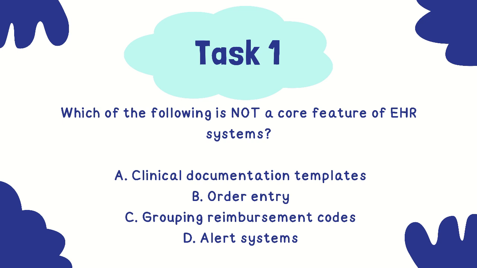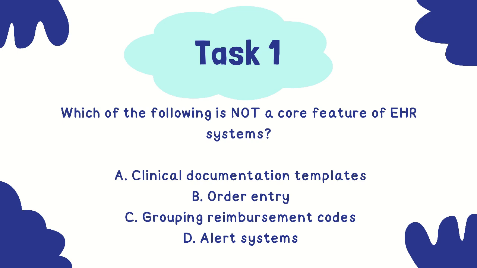All right, our next question. Which of the following is not a core feature of EHR systems? This one is pretty easy, right? Because the question is asking you what is not.